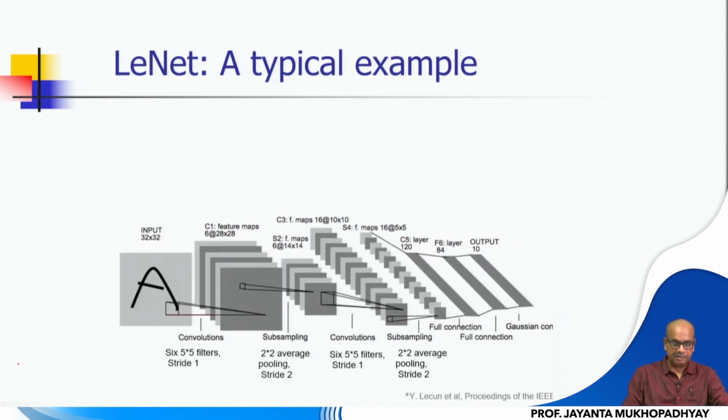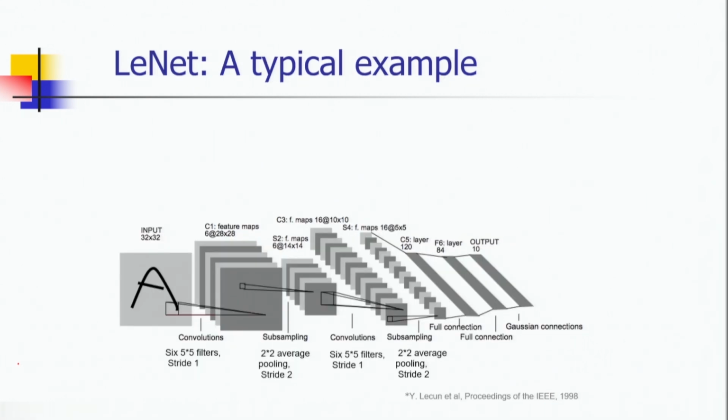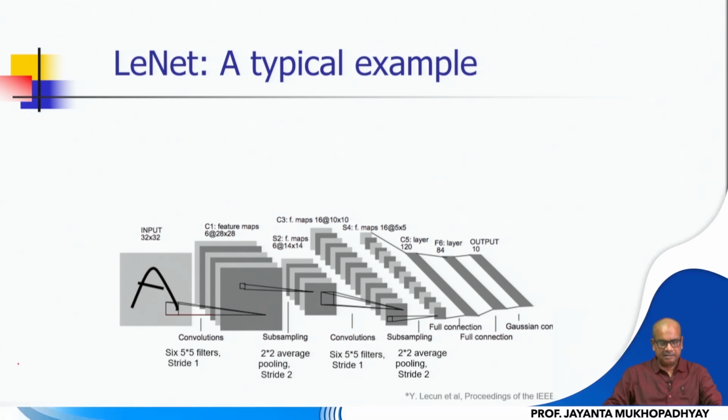representation for the sample. A typical example of a deep neural architecture is one of the very first deep architectures which has shown the application, and you can see that the publication is from 1998.